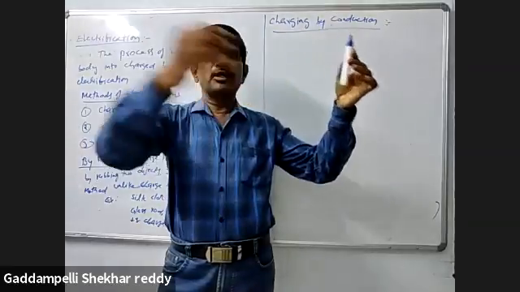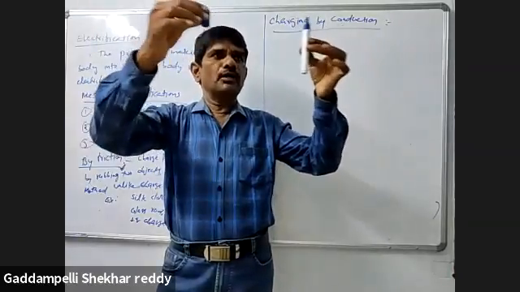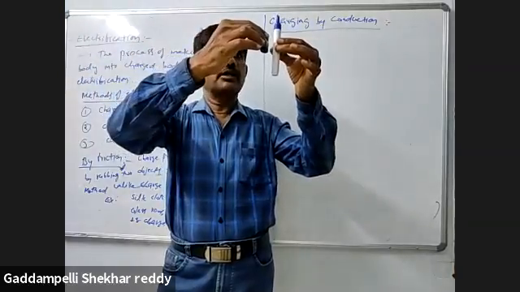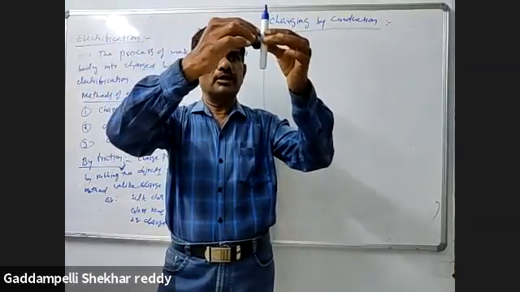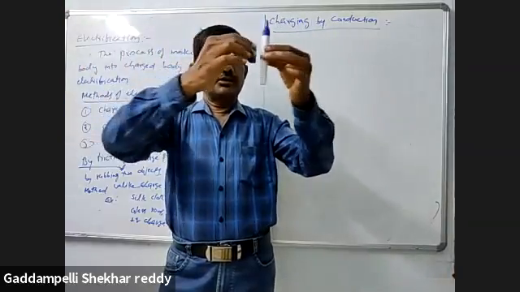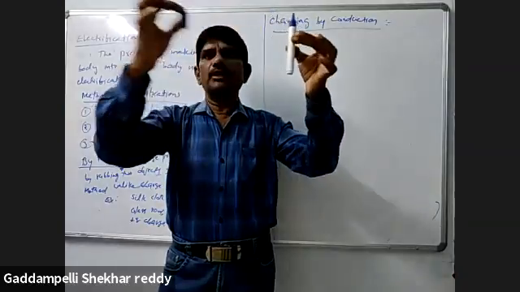The charged body is brought near the uncharged body, or the neutral body is brought near the charged body, and they make contact. After that, they are separated. That means the charge is shared between the charged and uncharged body.